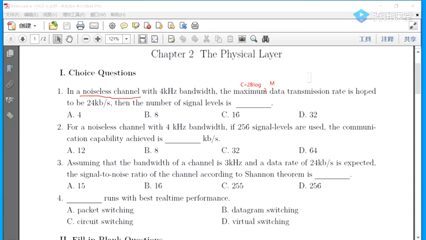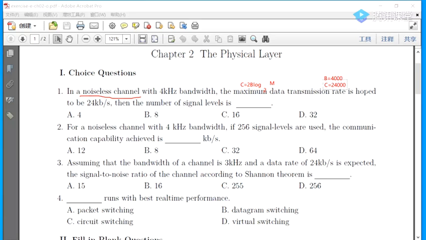So here B is 4 kilohertz, and C is 24 kilo.